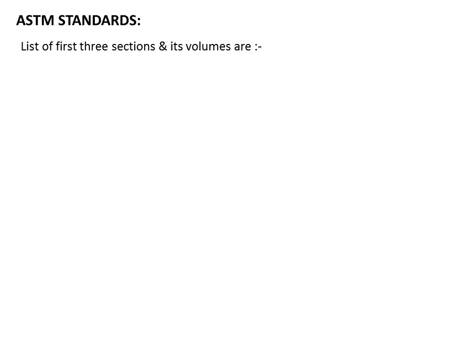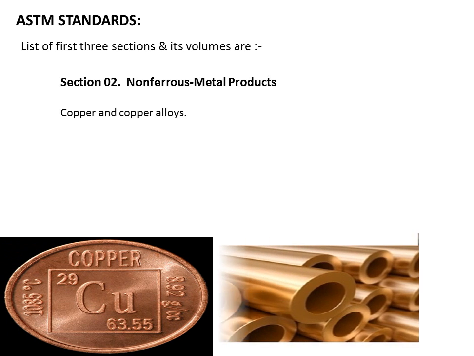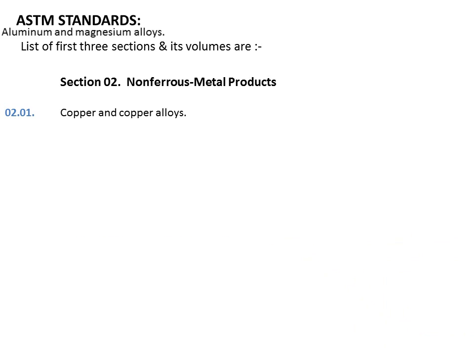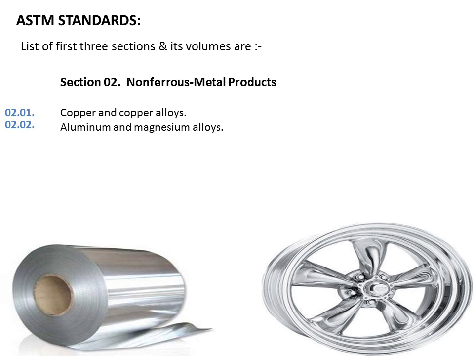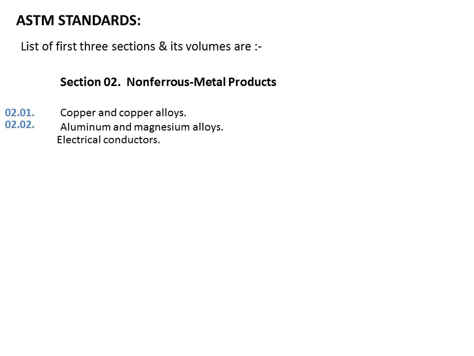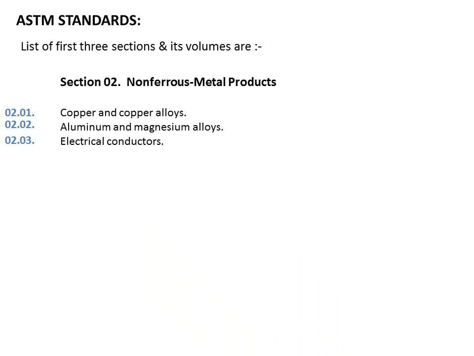Now, going to the second section, section 2 covers non-ferrous metal products, and for copper and copper alloys, we have volume 2.01. For aluminium and magnesium alloys, we have volume 2.02. For electrical conductors, we have volume 2.03.